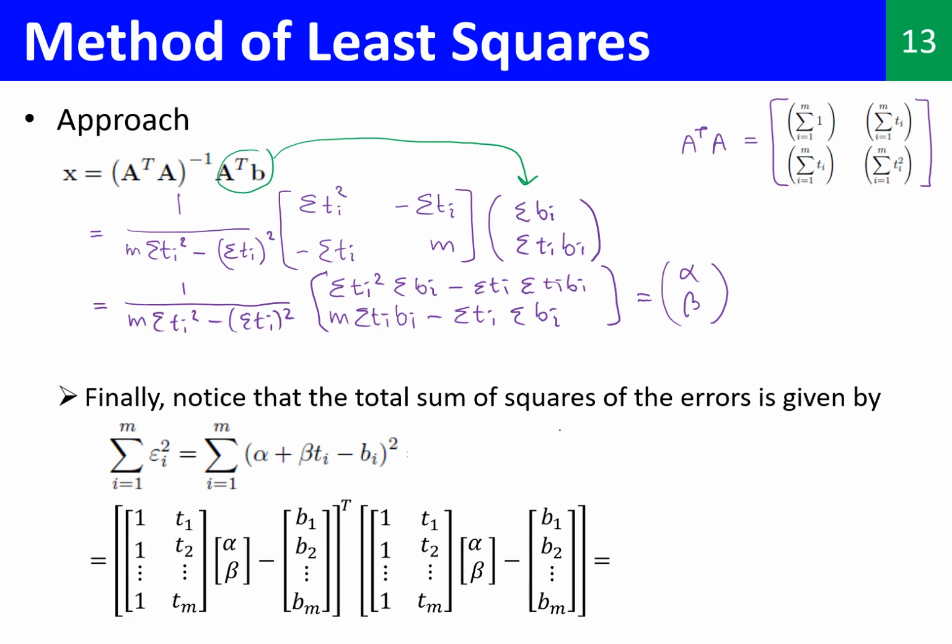So alpha plus beta ti minus bi is this, and we can get this square by multiplying the transpose and itself, right? So this is actually equal to Ax minus b transpose times Ax minus b. That gives the total sum of squares of the errors in the solution that we have found. Understood?